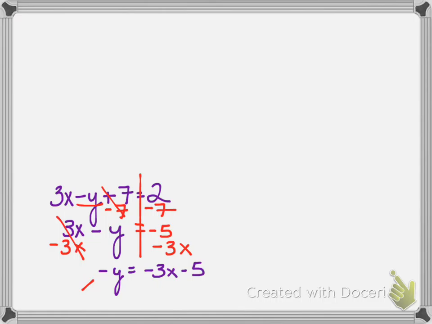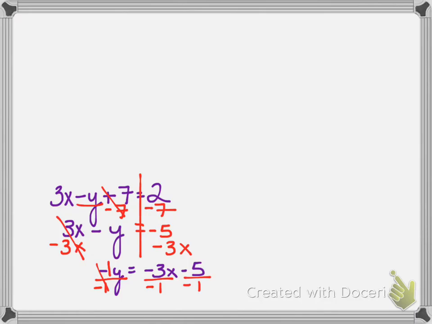So what we would then want to do is just divide that negative off. And if it helps you to put the 1, go for it. Divide everybody. Why divide? Because it's a negative 1 times a y. So I want to divide to undo that. I'm out of room here, so I'm going to try and squeeze this in again.